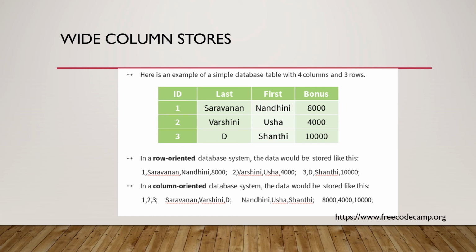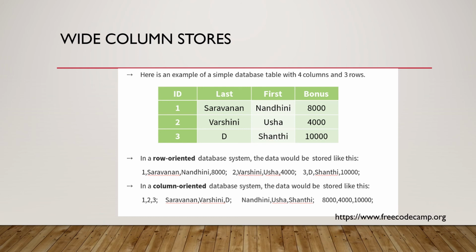Here is an example of wide column stores. There are 3 rows and 3 columns. Instead of storing row ID 1 with these 3 elements, Saravanan, Nandini, and 8000, then ID 2 with Varshini, Usha, 4000, and ID 3 with D, Shanti, 10,000, we store by column. The ID column holds 1, 2, 3.